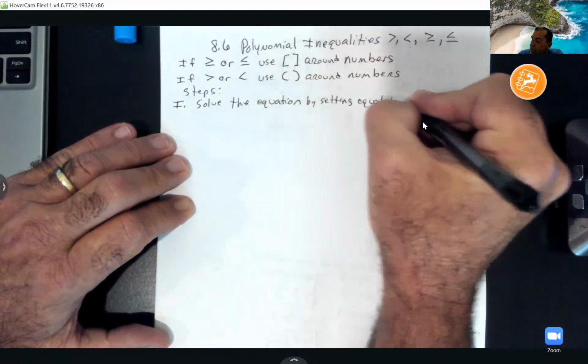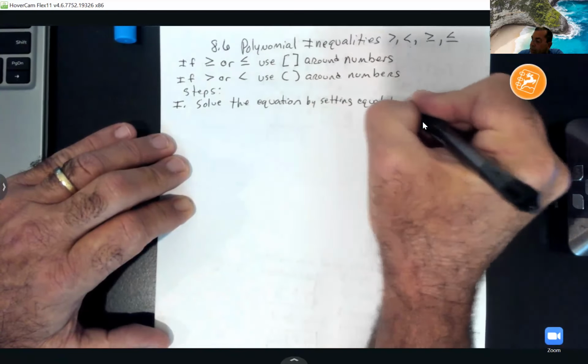Once I solve that equation, I'm going to have two solutions. There is one example where the solution is a repeating solution, so I'll show you what to do in that case. But we should get two solutions on all these.